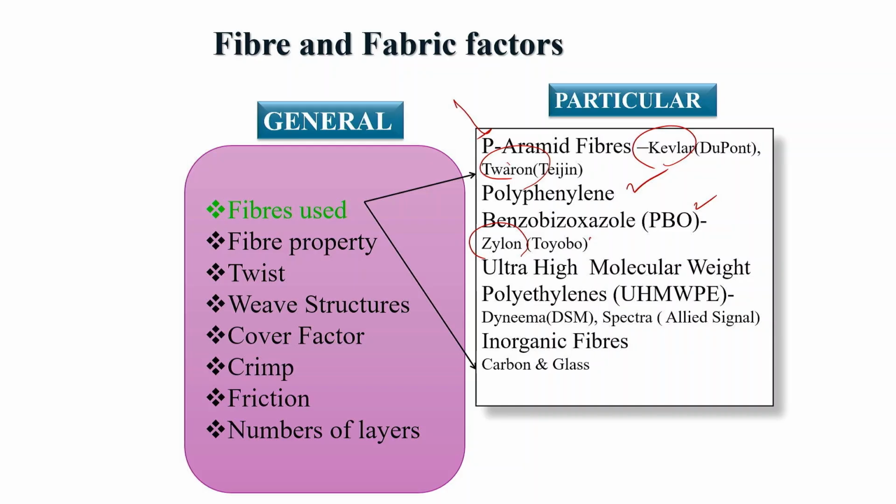Also, nowadays very widely used is ultra high molecular weight polyethylene, like DSM markets it as Dyneema. It is also available as Spectra, which Allied Signal markets. Also the inorganic fibers are used: glass, ceramic, carbon fiber, glass fiber. So, different types of fibers are used.